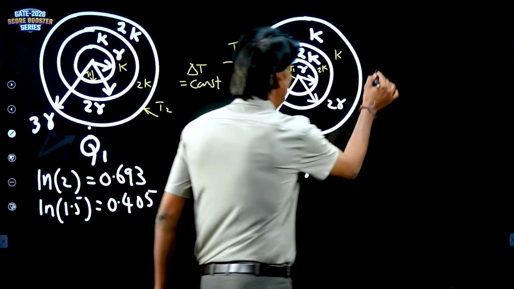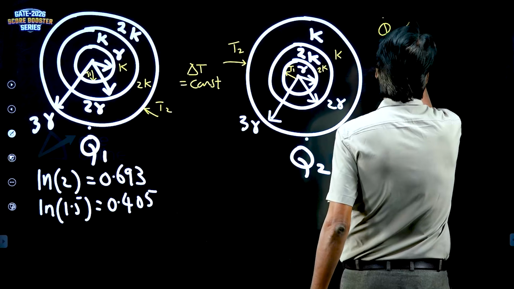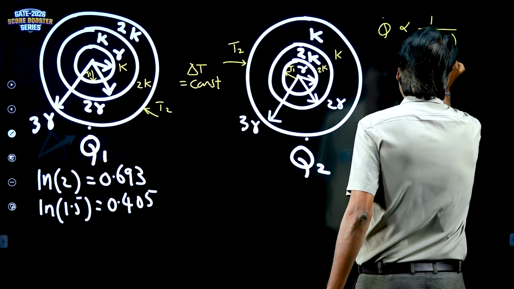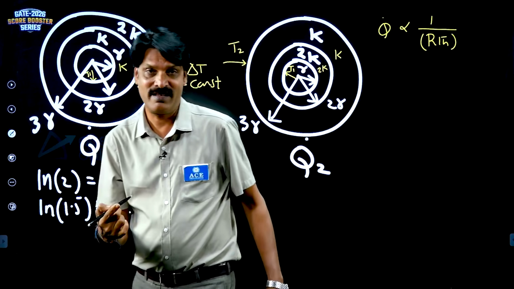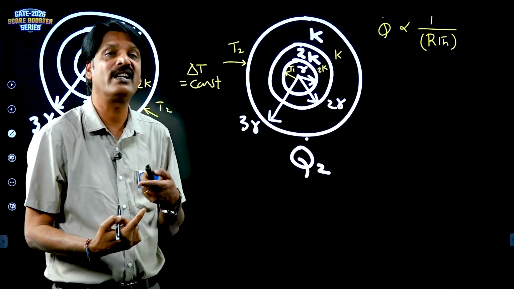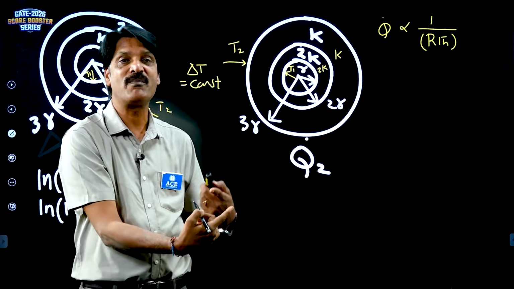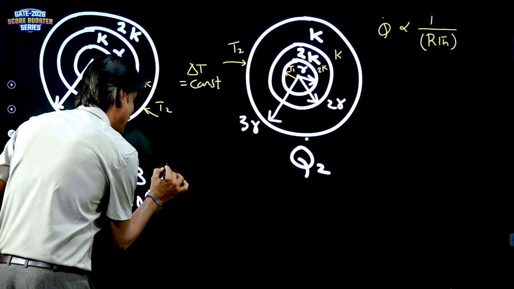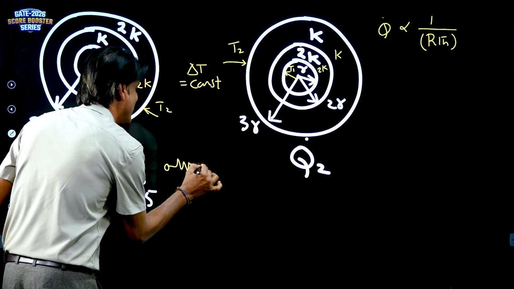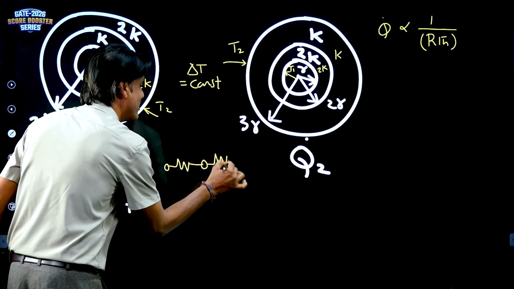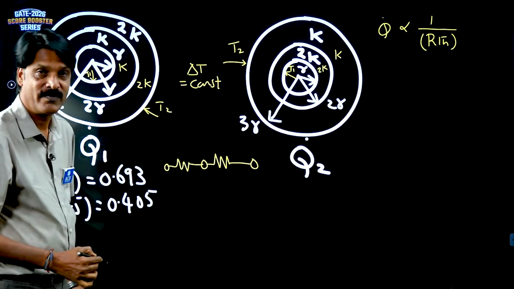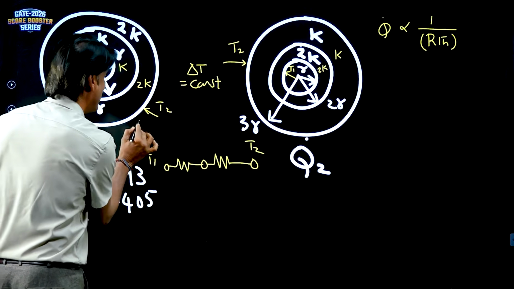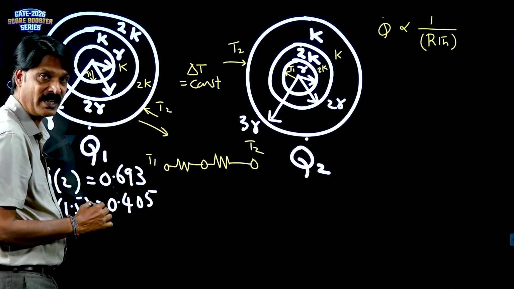Hence, I will write rate of heat transfer is inversely proportional to thermal resistance. The one which has high thermal resistance will have less heat loss from this hot pipe. So, in the first case, it is two resistors, between T1 and T2.